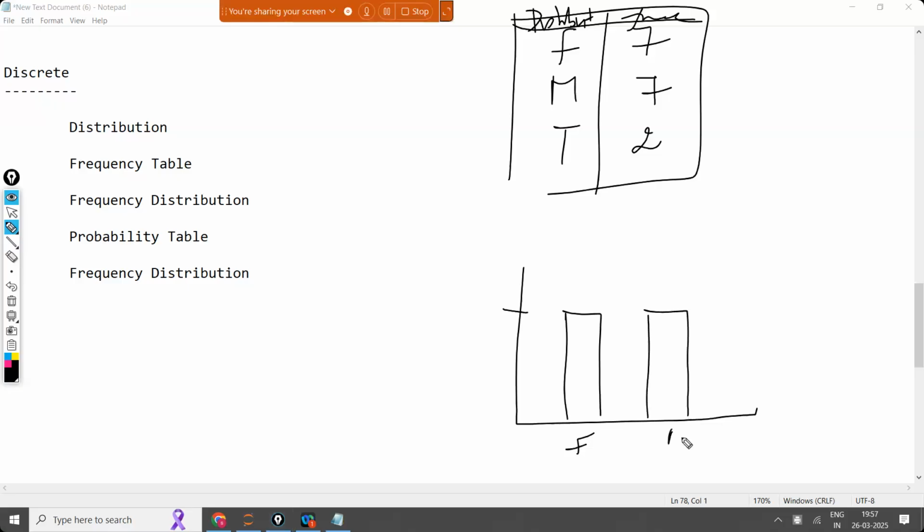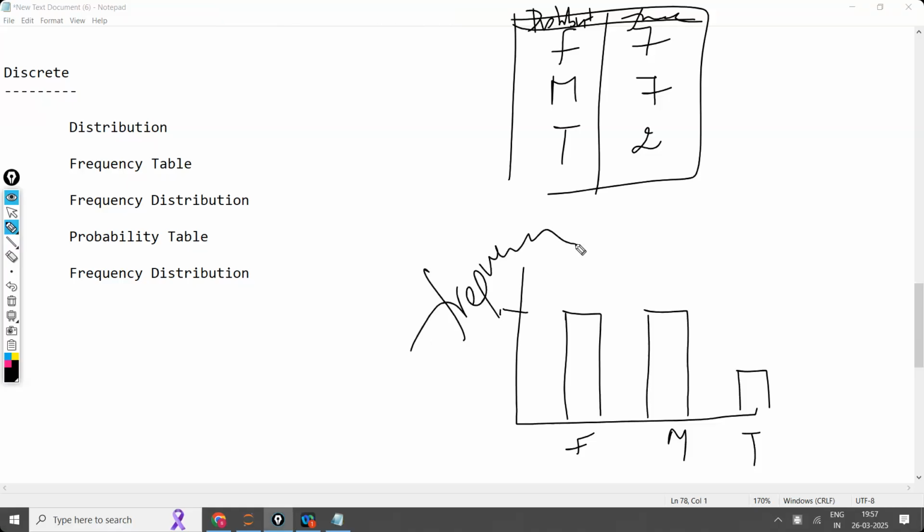That is M letter with a height of 7, F letter with a height of 7, and T letter with a height of 2. This plot is called a count plot, where it represents frequency on the y-axis and distribution on the x-axis. In statistics, it is called frequency distribution.